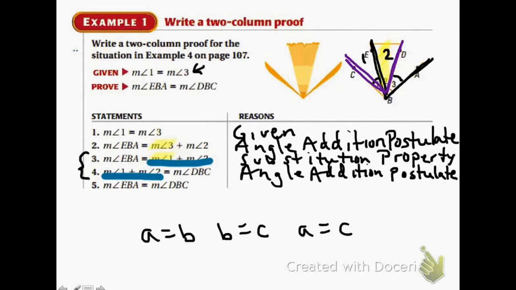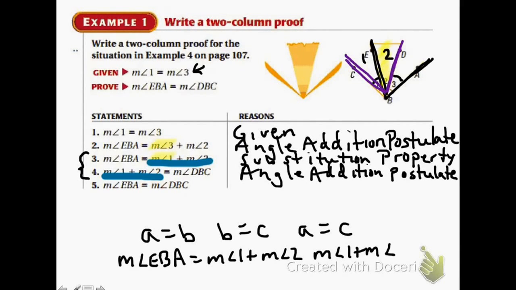Okay? So in this case, we've got the measure of angle EBA equal to the measure of angle 1 plus the measure of angle 2. And then we've got the measure of angle 1 plus the measure of angle 2 equal to the measure of angle DBC.